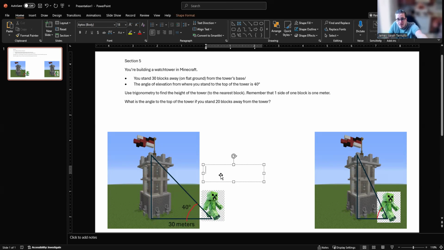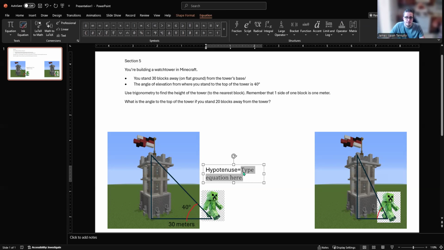To get this height, or the opposite side, we could use a little bit of a trick. We're told that 30 meters is the adjacent, so let's first find the hypotenuse.